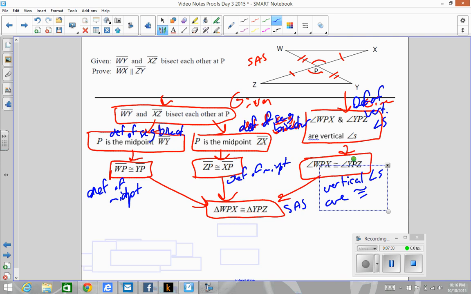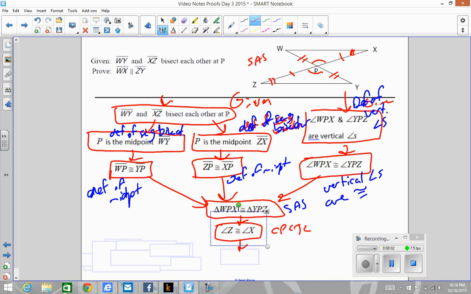And so I'm going to go with here just angle Z and angle X. So angle Z and angle X are congruent. And those are corresponding parts of the two congruent triangles. So CPCTC. And once I prove those angles congruent, then I can say the two lines are parallel.